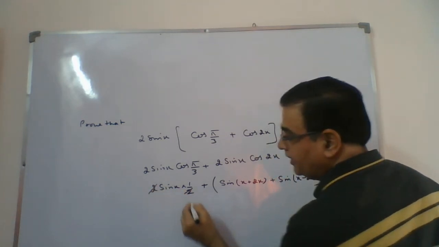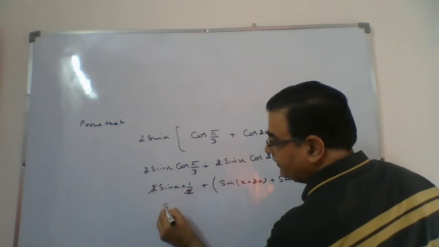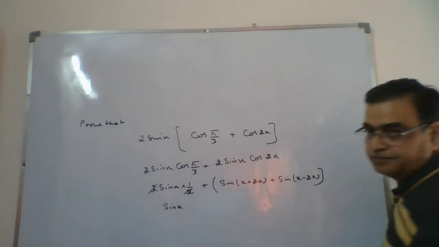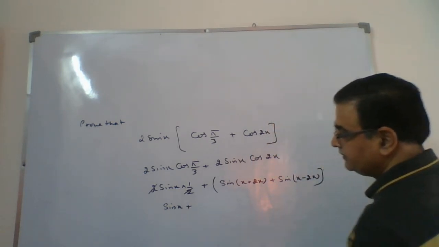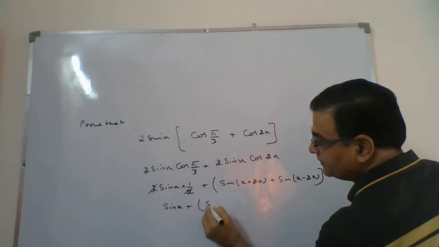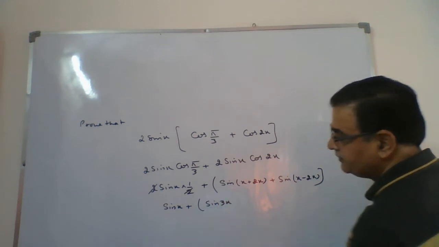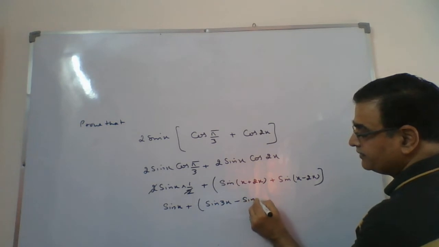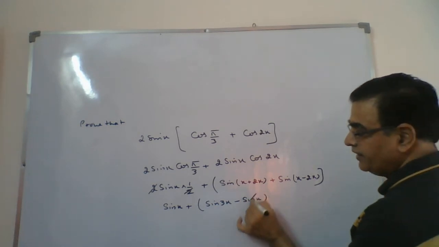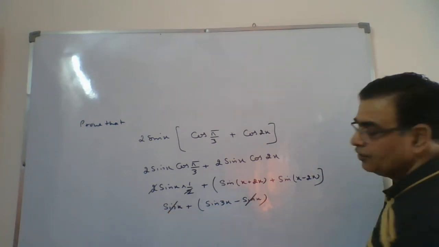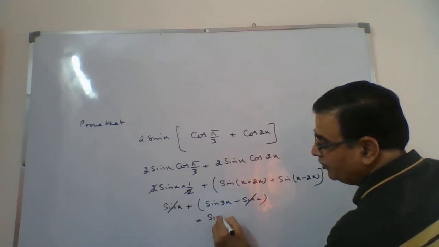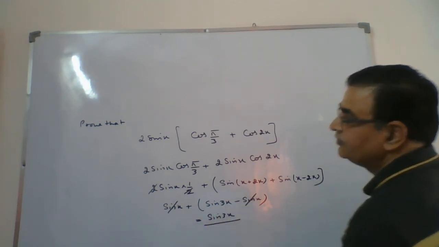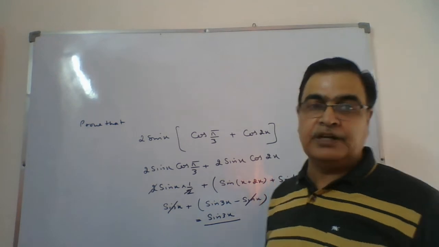This 2 gets cancelled out. Then I get sin x plus sin 3x, and sin of this is minus sin x. So sin x and sin x get cancelled out. Your result is now sin 3x. This is the result we have. We can complete this question.